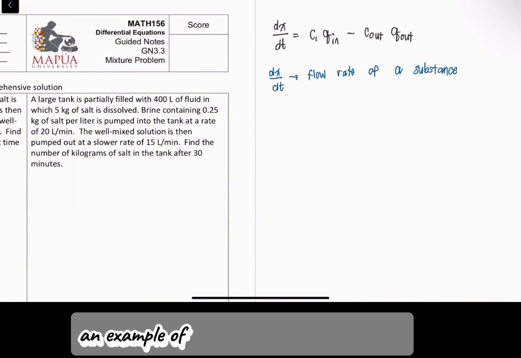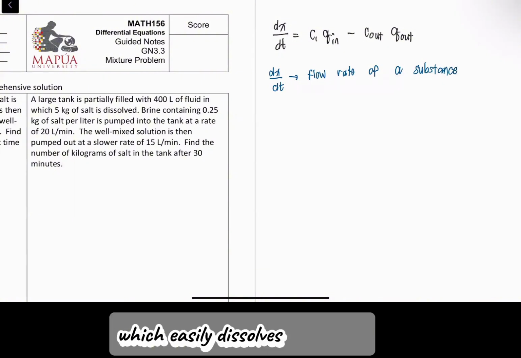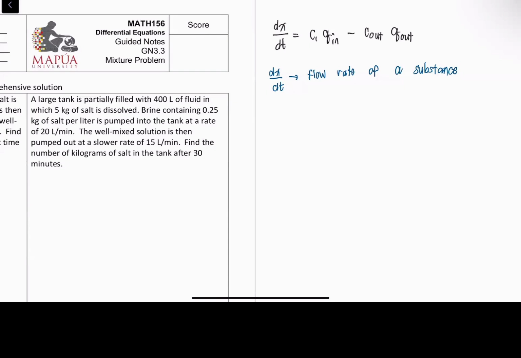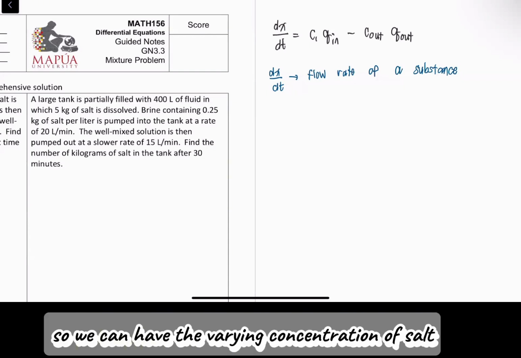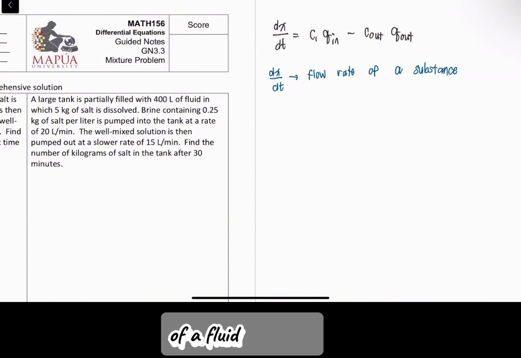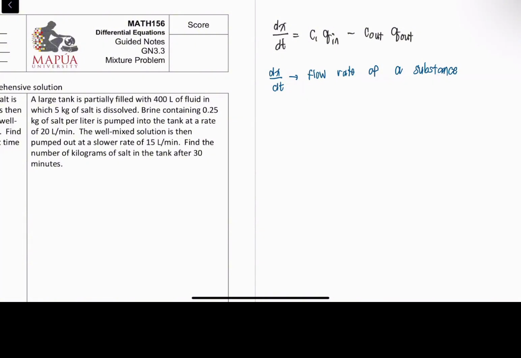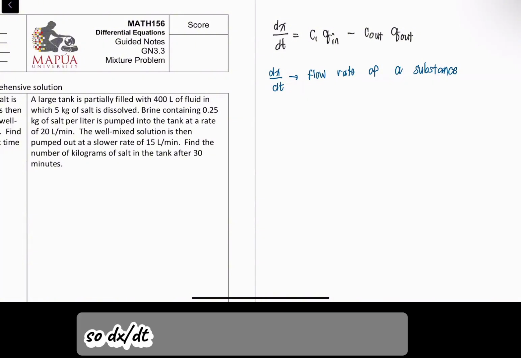An example of this would be a salt solution which easily dissolves into water. So we can have the varying concentration of salt of a fluid in a tank. So dx over dt is equal to C in Q in minus C out Q out.